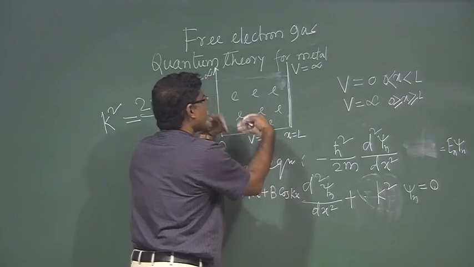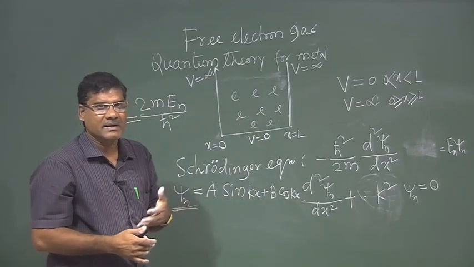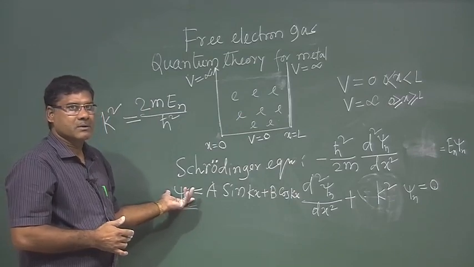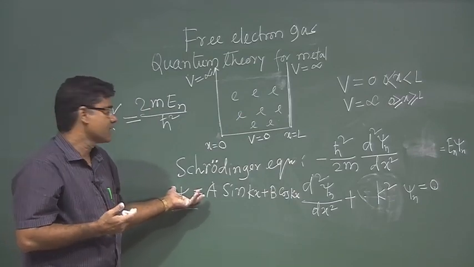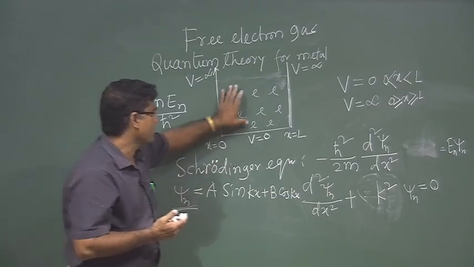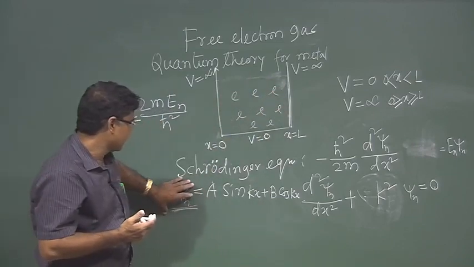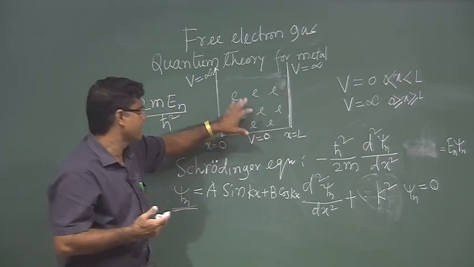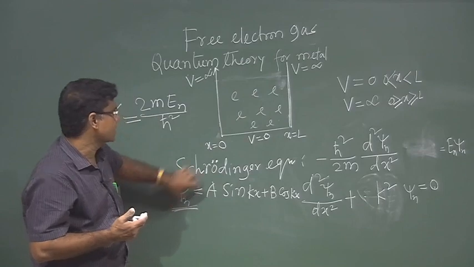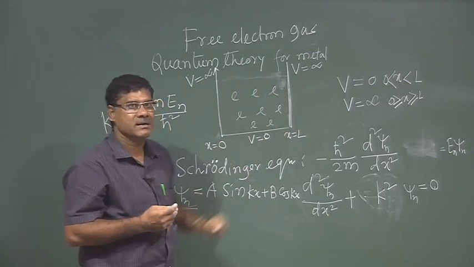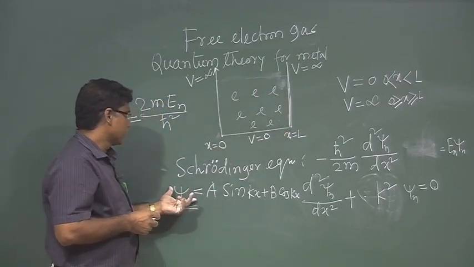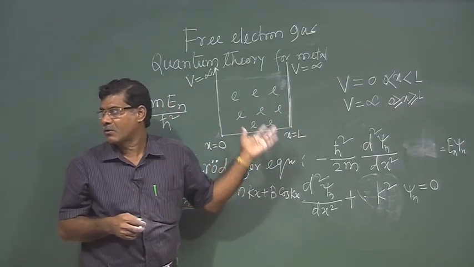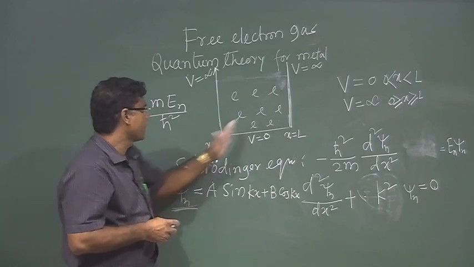In quantum mechanics it is not the electron, it is a wave function, which contains all the information about this system. So instead of telling electron, we will tell the wave function of this system, the free electron gas. Electron cannot go out means psi cannot go out.